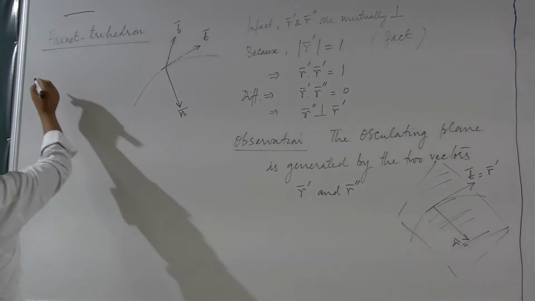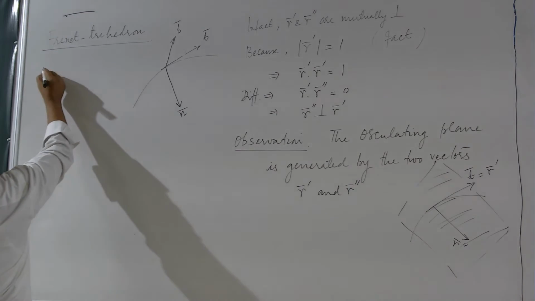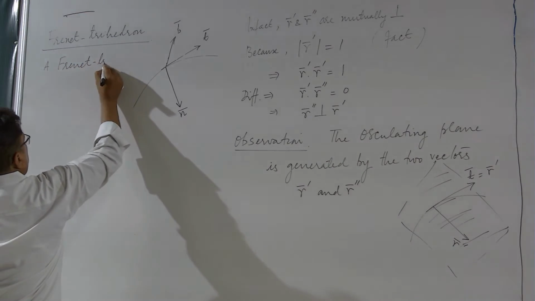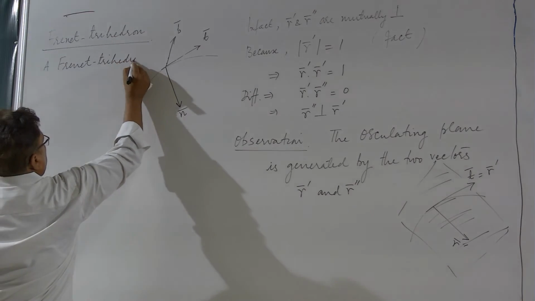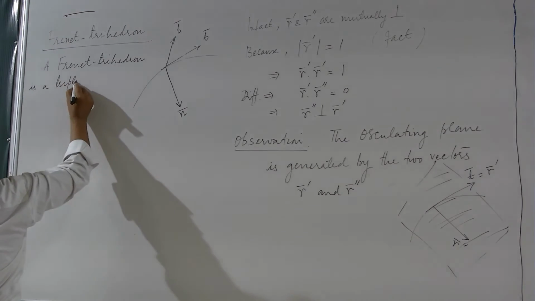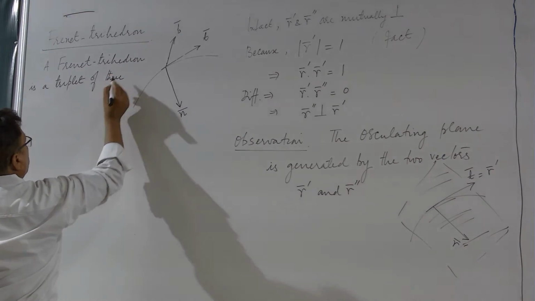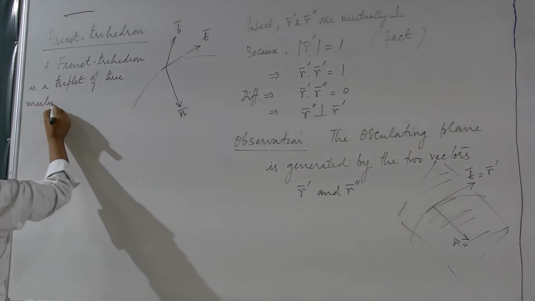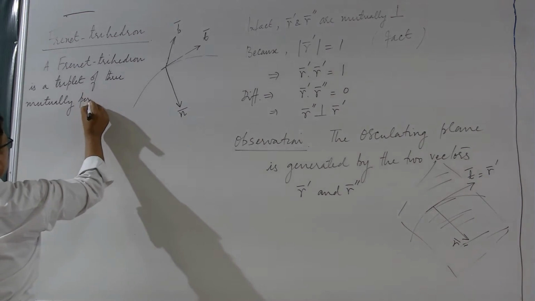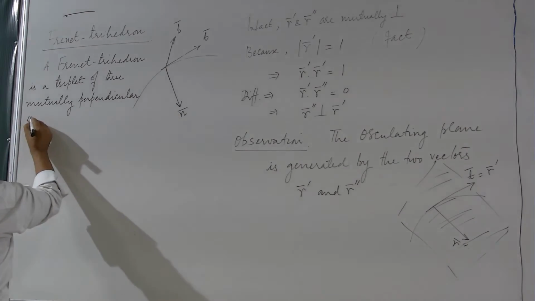So, a Frenet trihedron consists of, it is not a proper definition, just a rough definition, a Frenet trihedron is a triplet of three mutually perpendicular unit vectors.